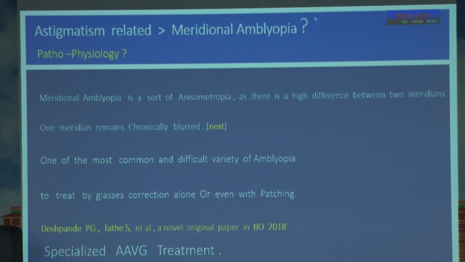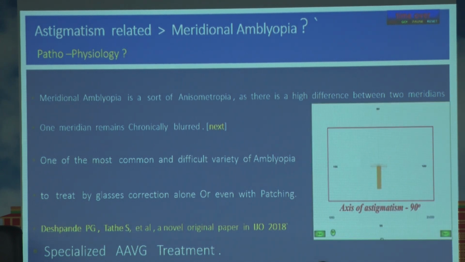As there is a high difference between two meridians, one meridian remains chronically blurred. It is one of the most common and difficult varieties of amblyopia to treat with glasses correction alone or even with patching. This is one of my papers on treating the chronically blurred meridian.